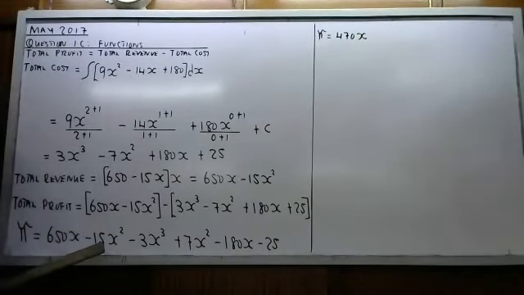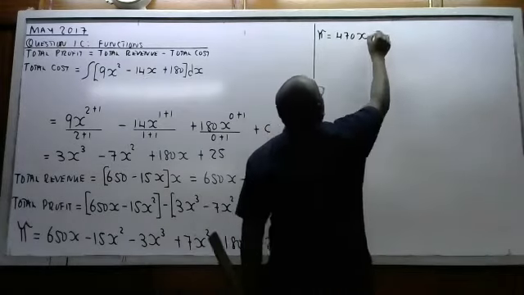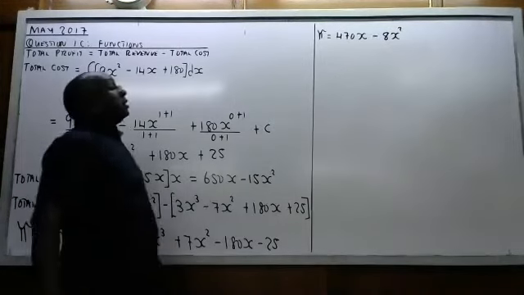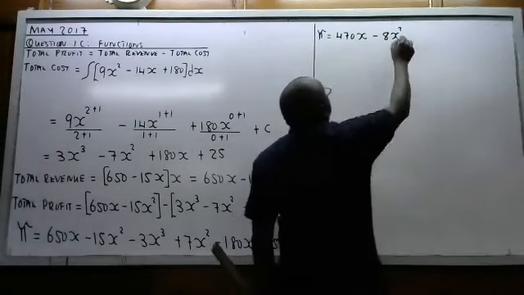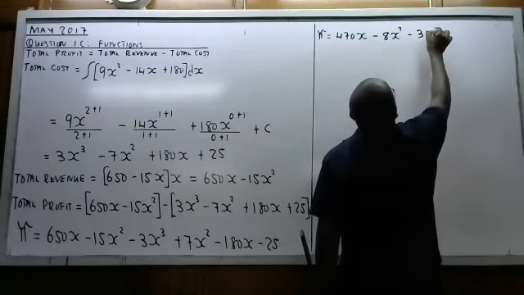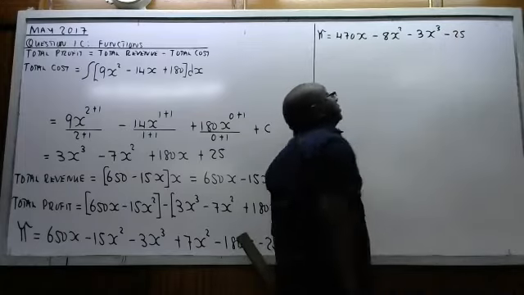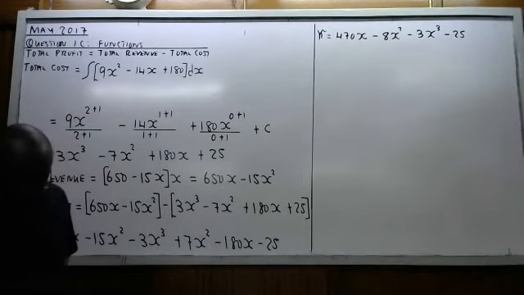For the x squared terms, it is minus 15 plus 7, that gives us minus 8x squared, minus 3x cubed, minus 25. So that is the profit function.